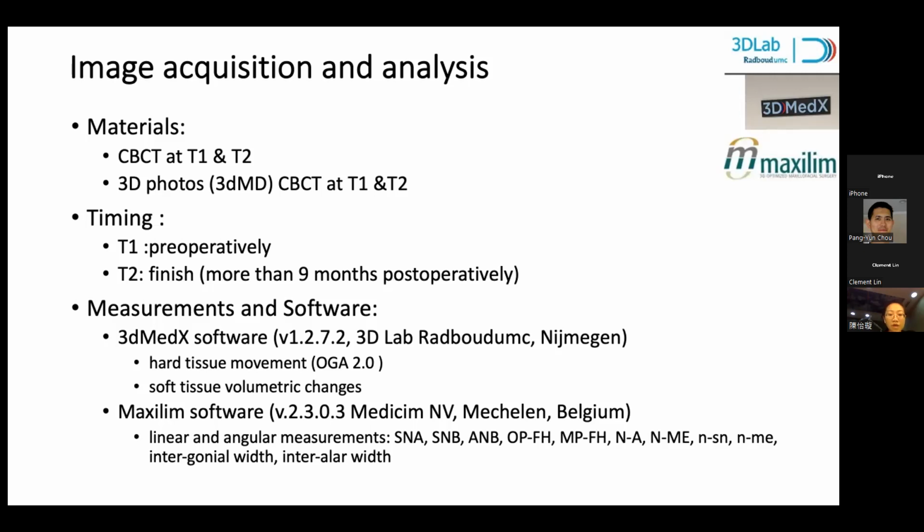And the software we used to measure the volumetric changes are 3D Medics software, OGA version 2.0, and Maxilim software. The 3D Medics software we're using to measure the hard tissue movement with OGA version 2.0 and the volumetric changes. As for Maxilim software, we'll measure with linear and angular measurements.